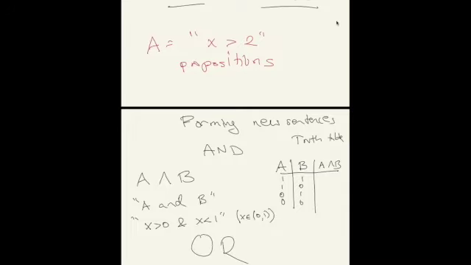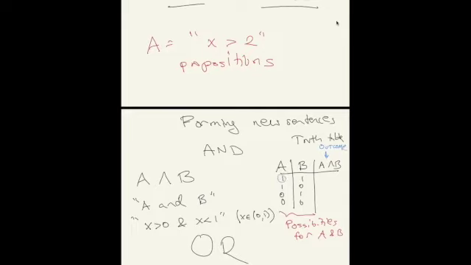Now the way of representing the truth of such statements is a truth table, by listing the possibilities for A and B, and then indicating the outcome.